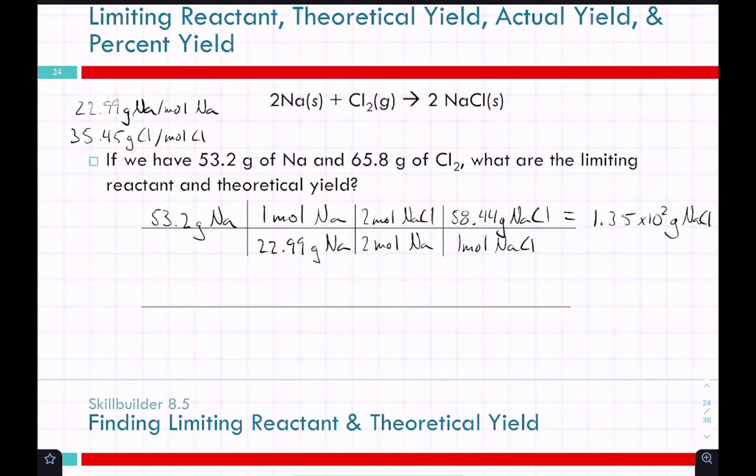Now we're going to do another stoichiometry problem, but this time starting with grams of chlorine.